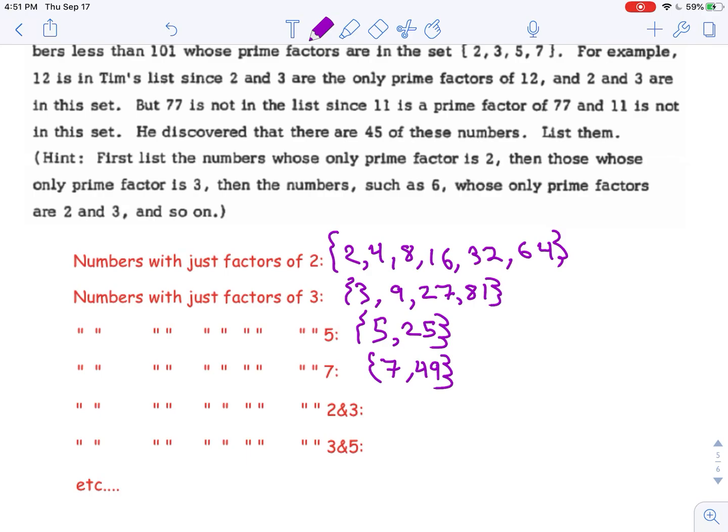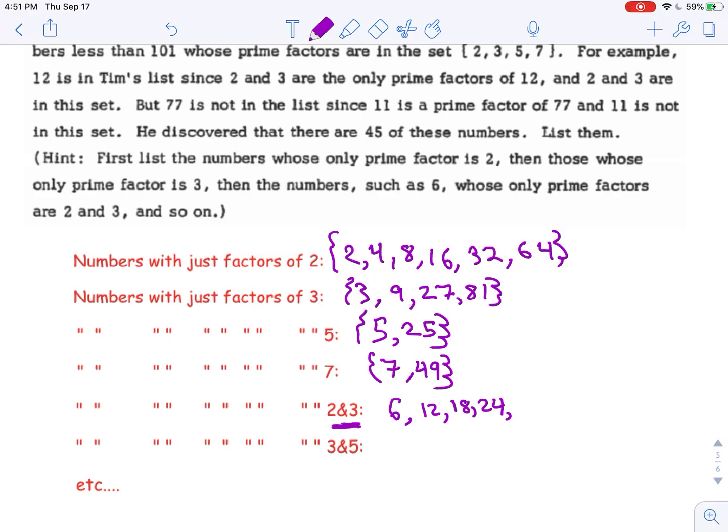Now the numbers that have just factors of 2 and 3. If you have factors of just 2 and 3, in fact, what you have are multiples of 6. Think about it. 6, 12, 18, 24. Let's see.